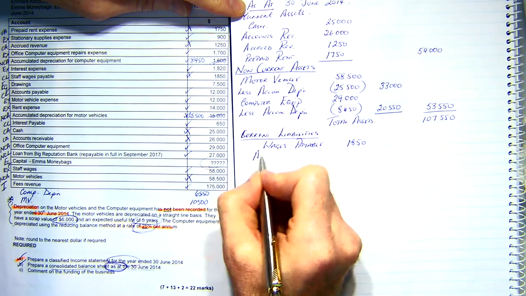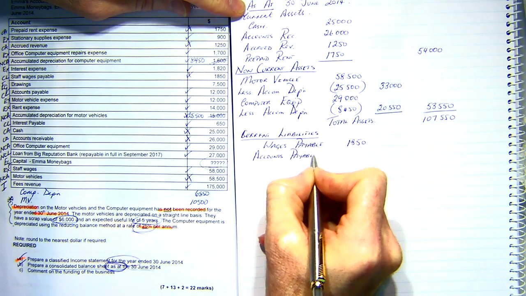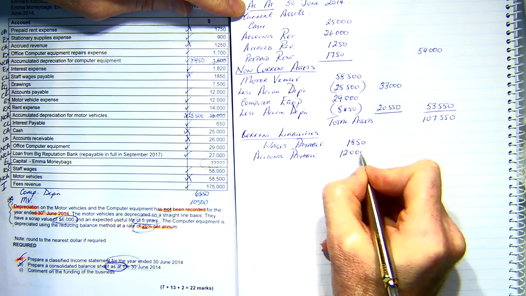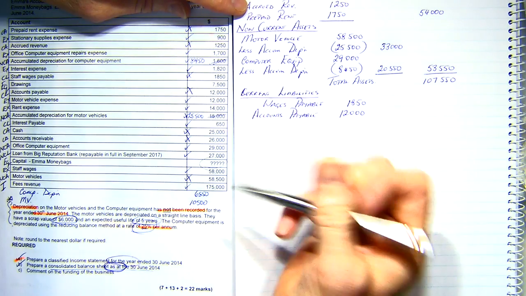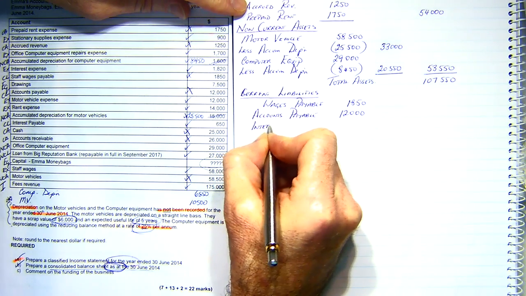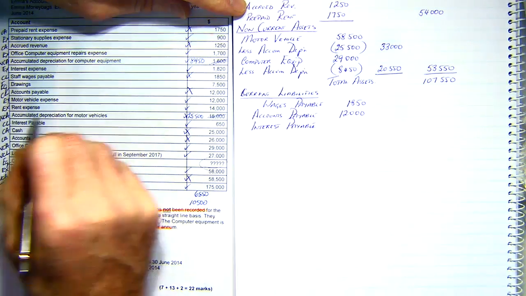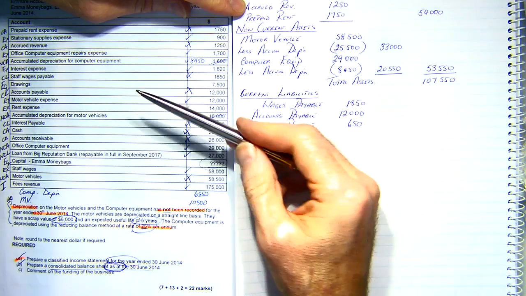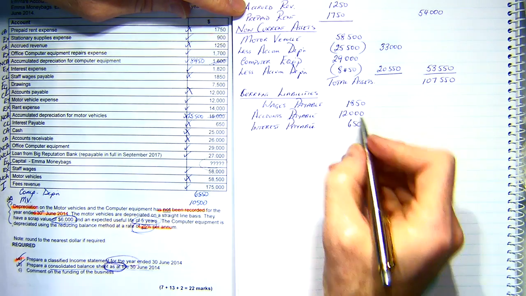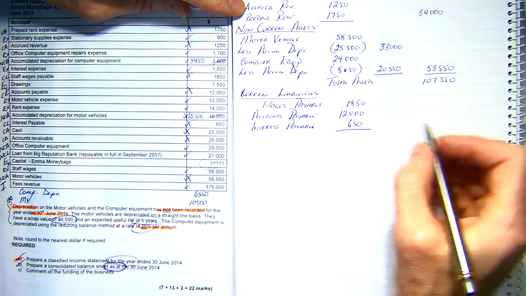Accounts payable. And that's 12,000. Anything else? We've got interest payable. So my interest payable 650. And is there any others? No. So my current liabilities come to 14,500.